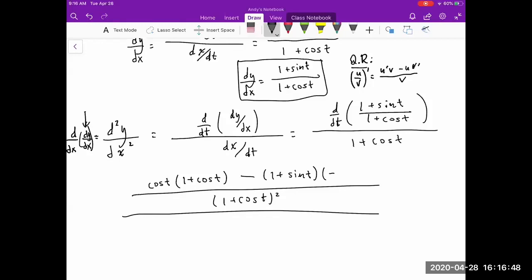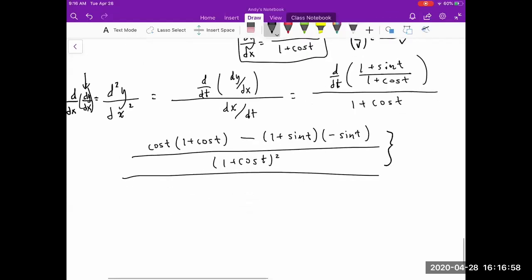Yeah, derivative of 1 is 0, derivative of cosine is negative sine. And this is the numerator, and then the denominator, 1 plus cosine of t stayed the same. But in reality, what this really does is it brings another 1 plus cosine of t into this denominator here, making the total power just 3, really.